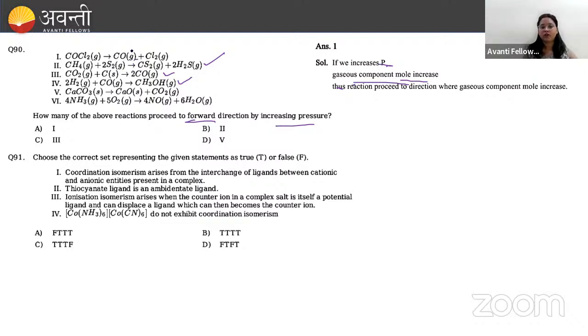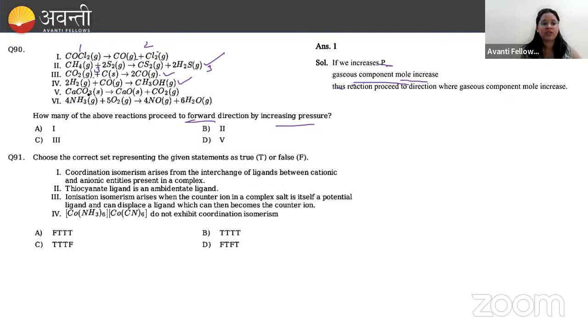Here there is 1 gas molecule, here a total of 2 gas molecules. Here there are 2 and 1, 3 gas molecules. How many gas molecules are here? 3. So there is no increase in the gaseous molecules. Here 1 gas molecule, here 2 gas molecules.